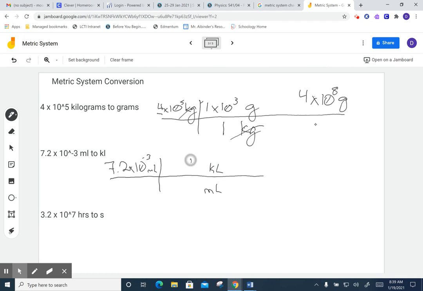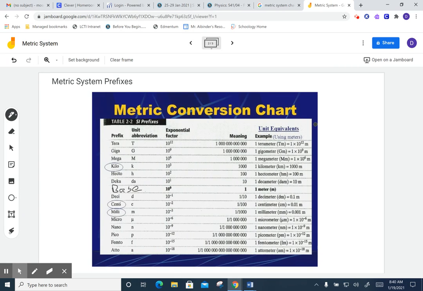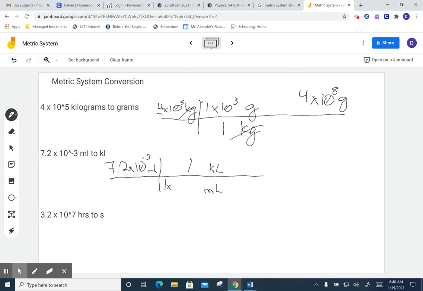Now, I know 1 kiloliter is 1 times, well, how far is it again? Well, let's go back. It's going from negative 3 to 3, so that's 6. And it's smaller, so you know it's going to be 1 times 10 to the negative 6th.